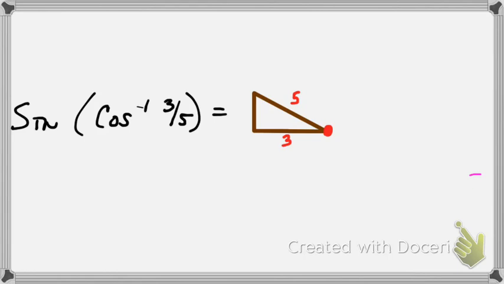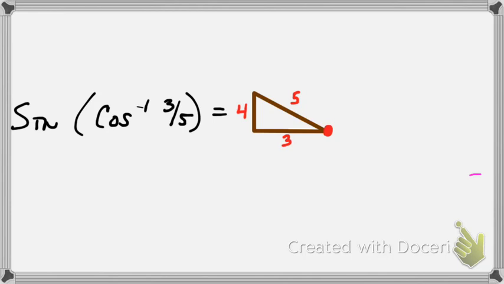Can you then tell me what the other side of the triangle is? Anybody? 4. 3, 4, 5 right triangle, Mr. Glass, geometry. 3, 4, 5. You could also do the Pythagorean theorem if you don't remember 3, 4, 5 right triangles. We're going to do this whole problem and we're never even going to know what the angle is, because that's not the question.